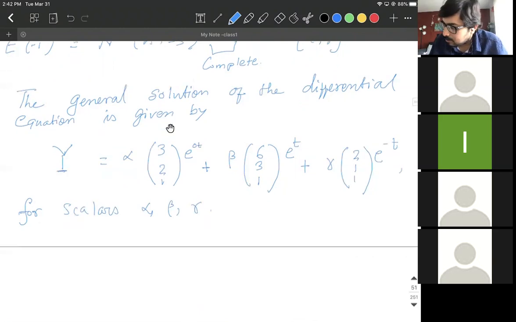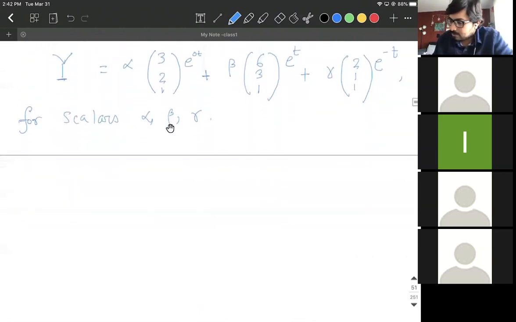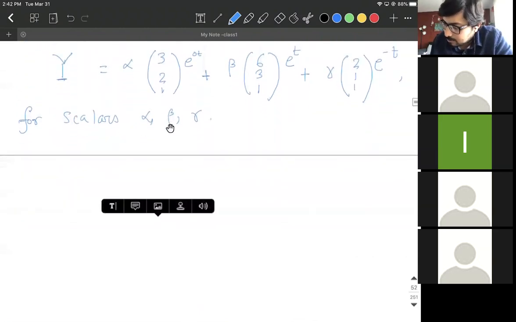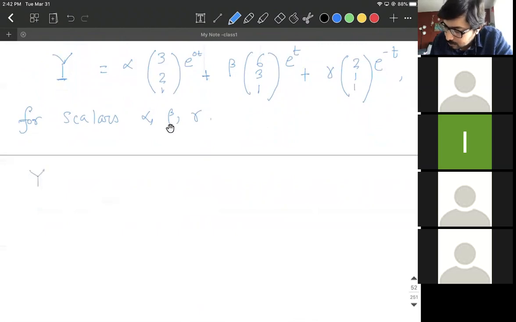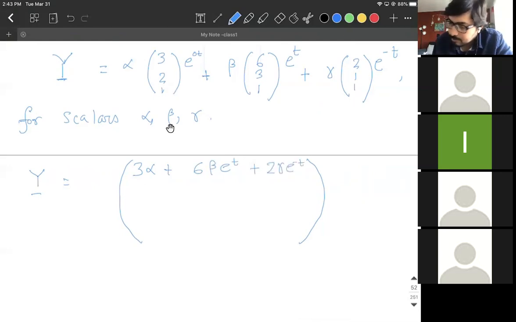Okay, so then let's write it down in terms of a vector. So y is given by, e to the 0 is simply 1. So 3 alpha plus 6 beta e to the t plus 2 gamma e to the minus t.